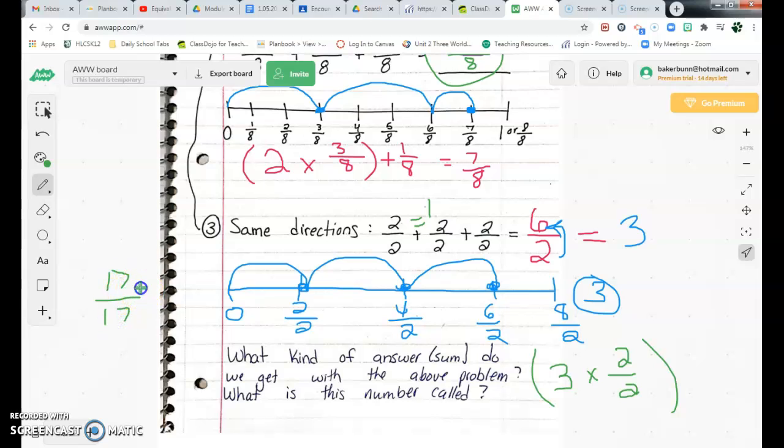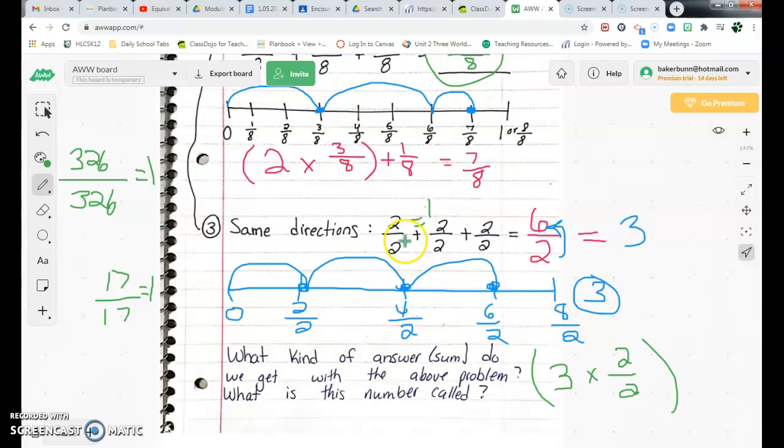Well, 17 over 17 is a unit fraction, and that equals 1. Let's say I had 326 over 326. Well, that's 326 pieces out of 326 spaces, which is 1 whole. Whatever number I pick, as long as the numerator and denominator are the same, it's called a unit fraction, and it is equal to 1 whole.